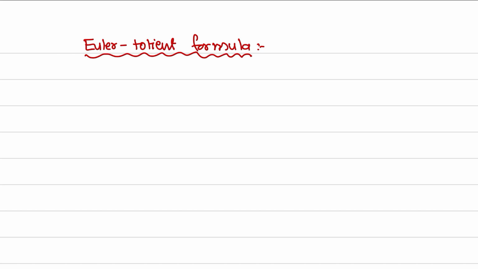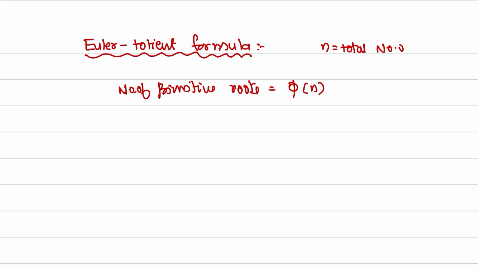The number of primitive roots is represented by phi n, where n is the total number of roots for z to the power of n. Number of primitive roots is phi n.